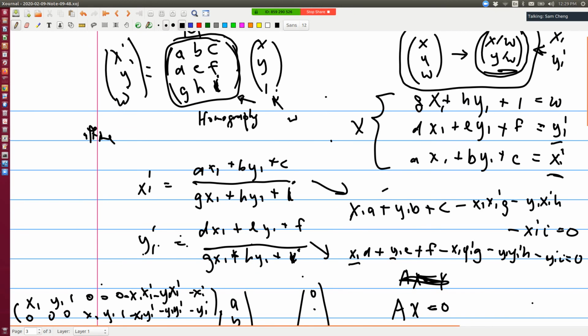I shouldn't say x1 prime, maybe I write this as x1 tilde, y1 tilde. Then x1 prime is actually equal to x1 tilde over, let's say, this w1. So x1 prime is equal to this multiplied by this over this multiplied by this here. So therefore, I have this equation here.